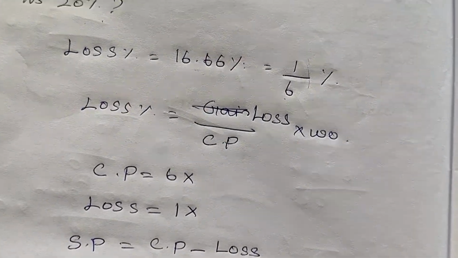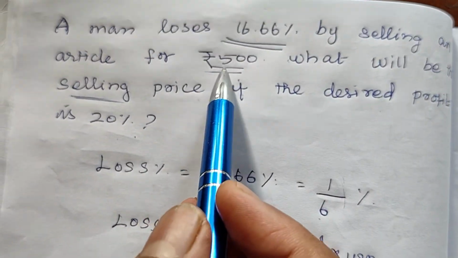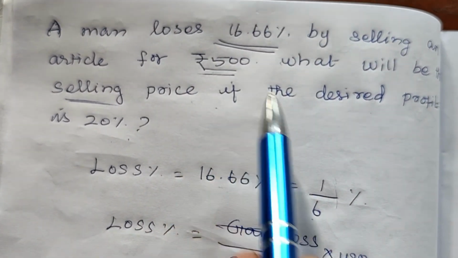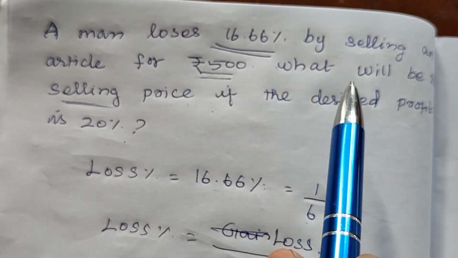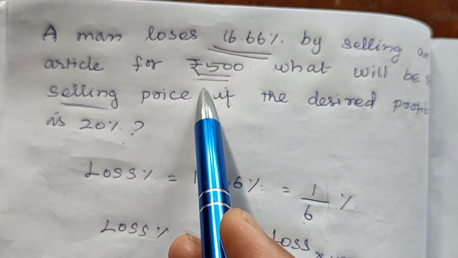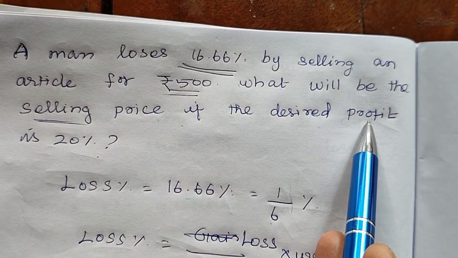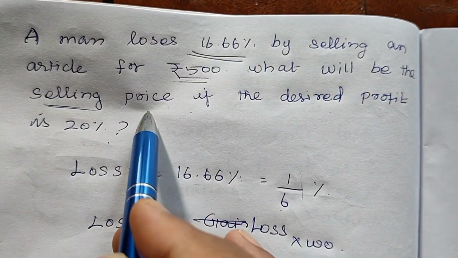But in the problem, the selling price of the article is given as rupees 500. If I sell the article for rupees 500, we get a loss. So when we want a profit of 20%, what is the selling price that we have to find?